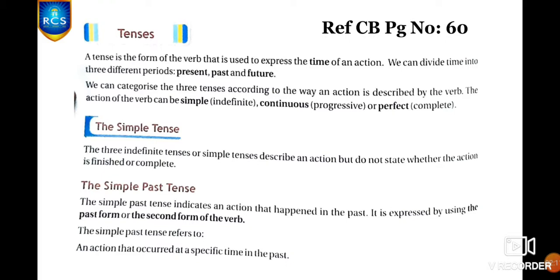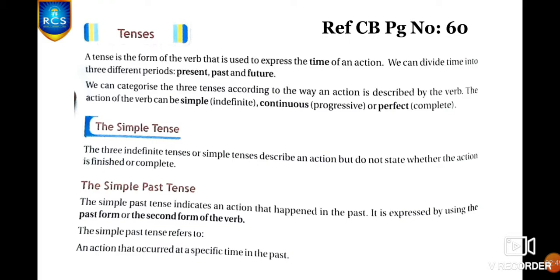The action of the verb can be simple, that is indefinite. We cannot identify at what particular time that action has taken place. Next is continuous, or progressive, that is the action that is in progress, being continued in present, past, or future.